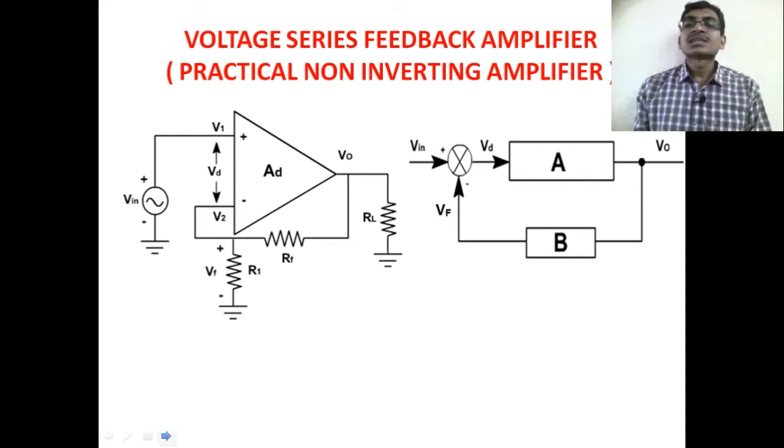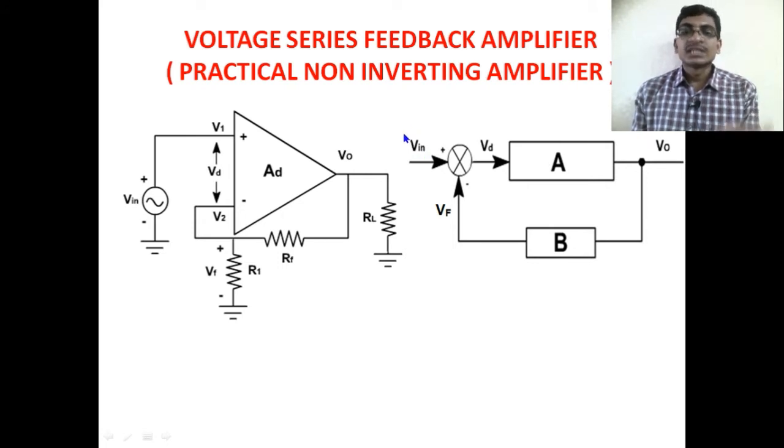The open loop gain is V0 divided by VD, and the closed loop gain is V0 divided by VIN, which has both the input signal as well as the feedback signal. If these both signals get mixed, we get the input voltage of our operational amplifier.